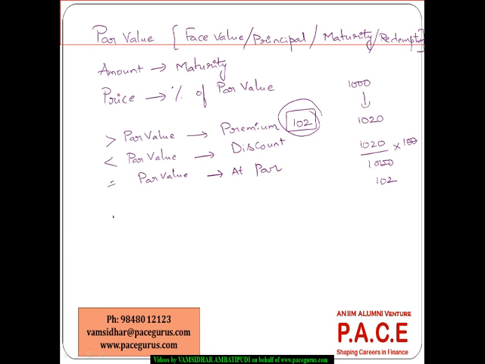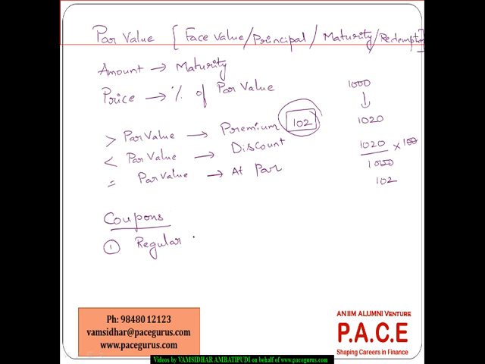Whereas the other dimension where the par value helps is the coupons. Coupon, as a definition, is that particular amount that is paid on a regular basis.